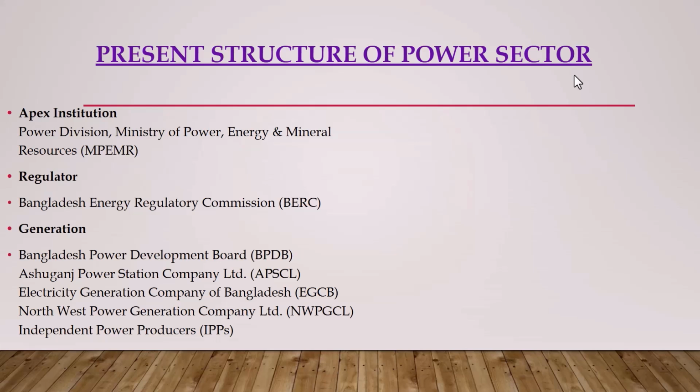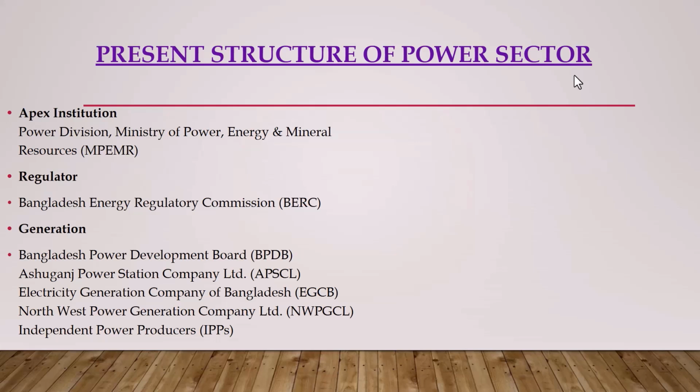At the apex of this structure is the Power Division under the Ministry of Power, Energy and Mineral Resources, or in short MPEMR. This division is responsible for setting the overall direction, long-term planning and energy policies of the country. Think of it as the central authority that coordinates national level decisions and goals for the entire power sector.